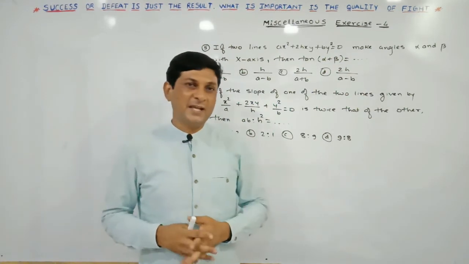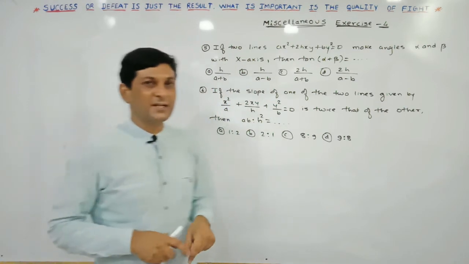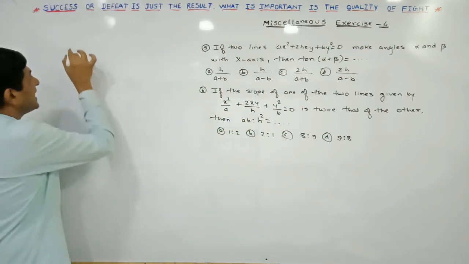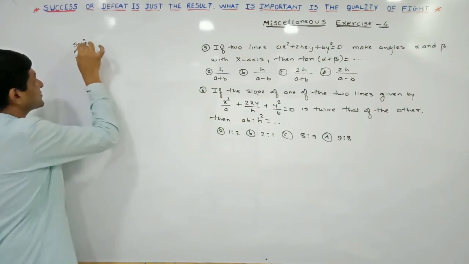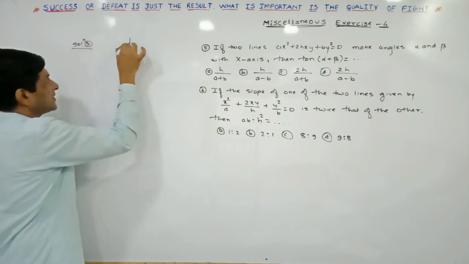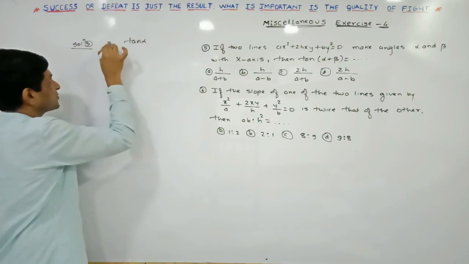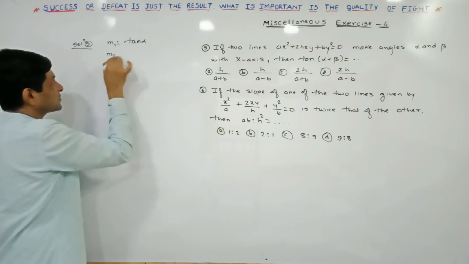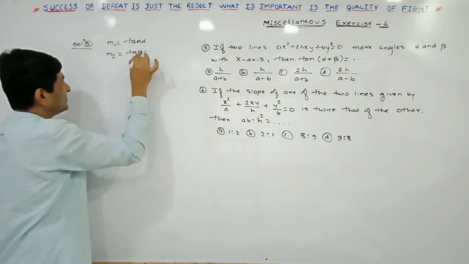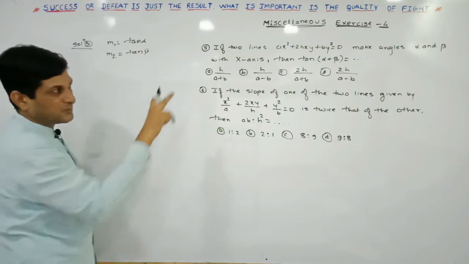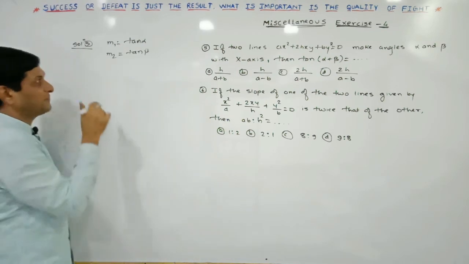In short, alpha and beta are inclinations. If alpha and beta are inclinations, then their slopes are tan alpha, which we denote by m1, and tan beta for the second line. Using this condition, the question is to find the value of tan(alpha plus beta).